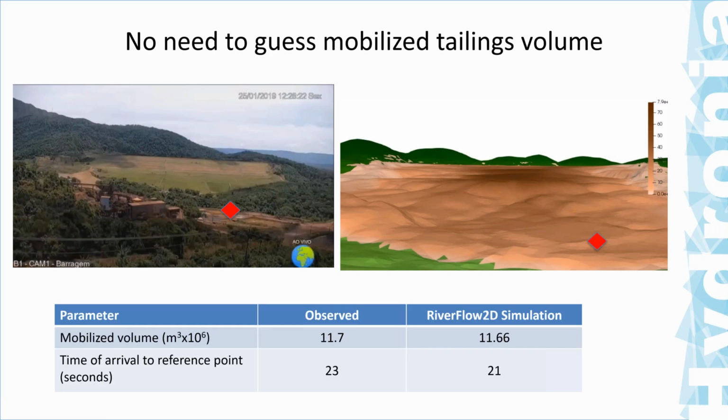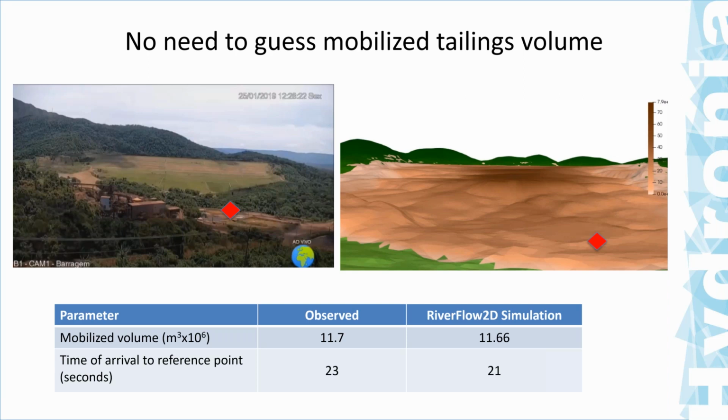And we got pretty good results. The mobilized volume observed was approximately 11.7 million cubic meters, and the RiverFlow2D simulation was 11.66. That's what the model gave us, the mobilization from that initial dam elevation set that we used.